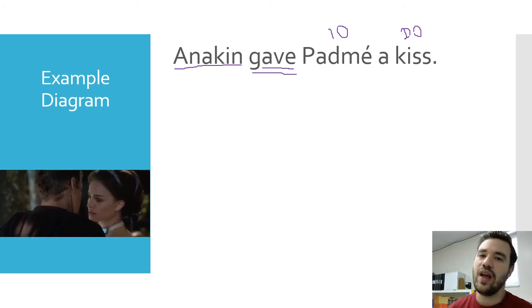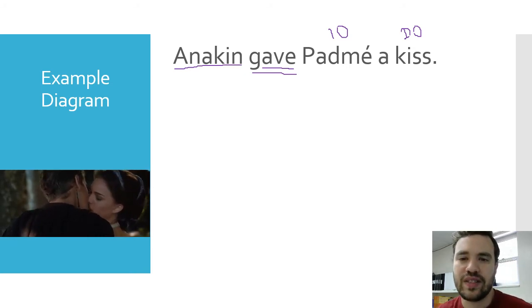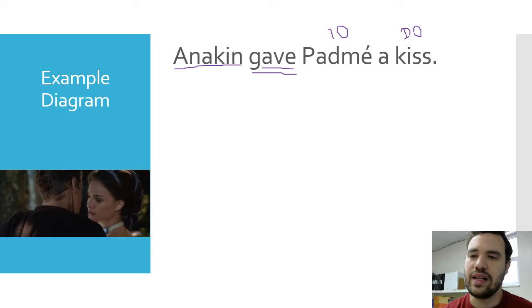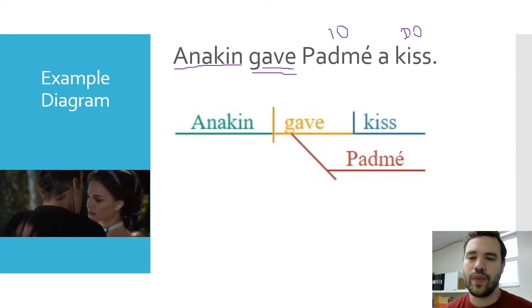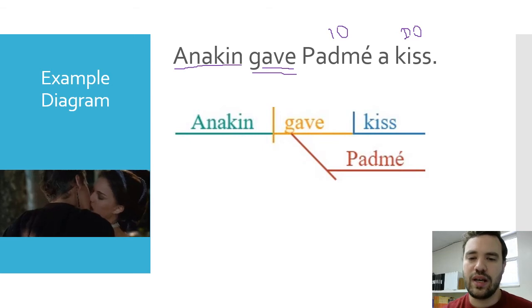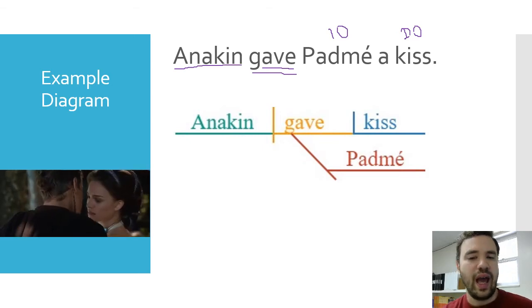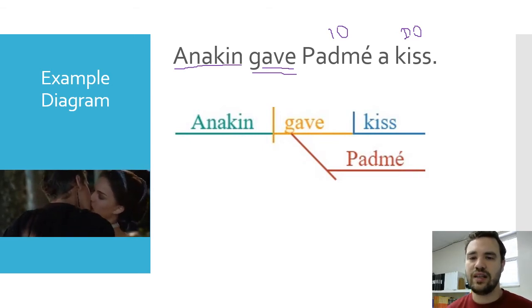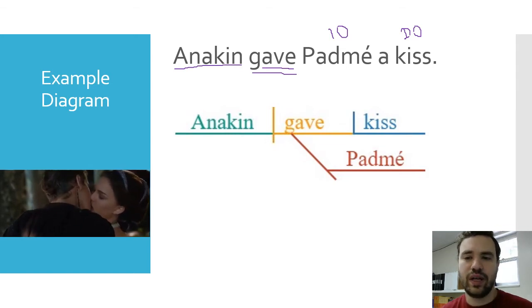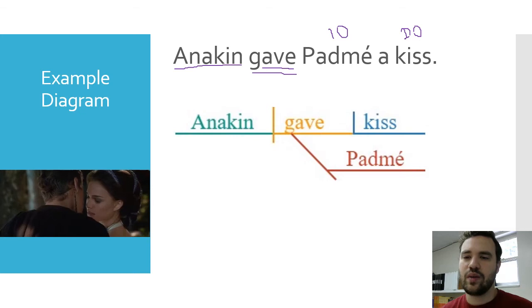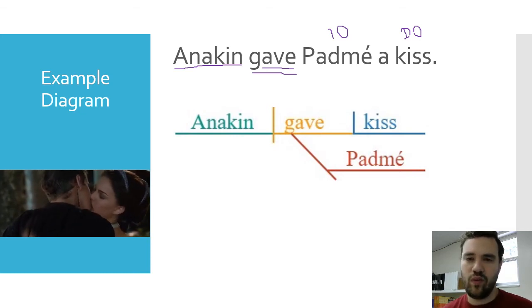All right, so now that we've located those four parts of the sentence, let's go ahead and see how it would be diagrammed. So we've got our subject coming first, Anakin, and then we have that vertical line that cuts through the horizontal line, and we've got the verb gave. We ask the question, gave what after that?